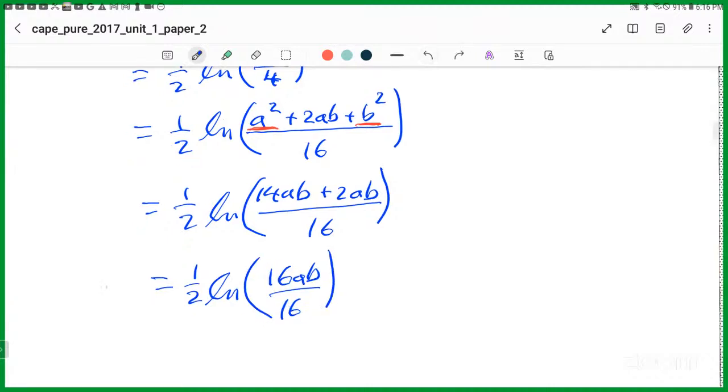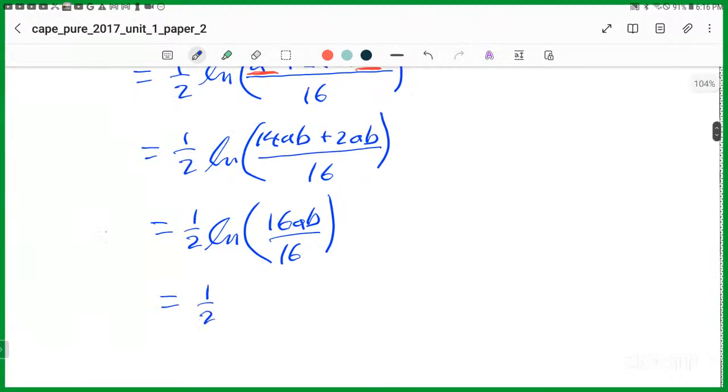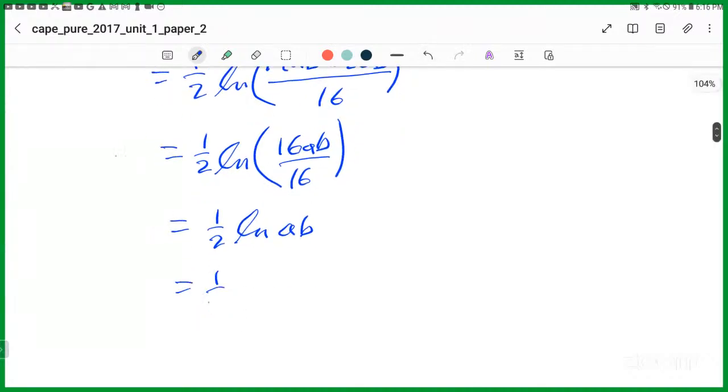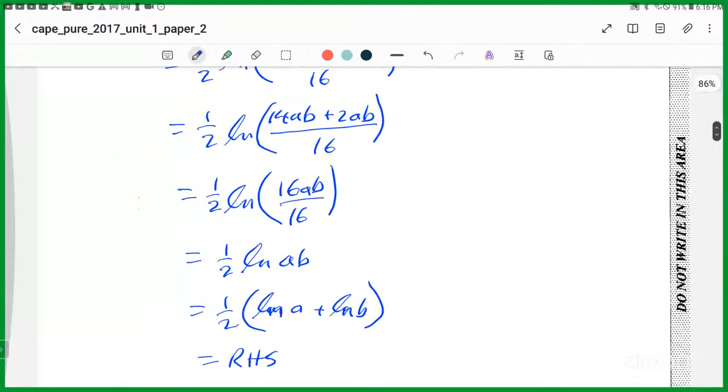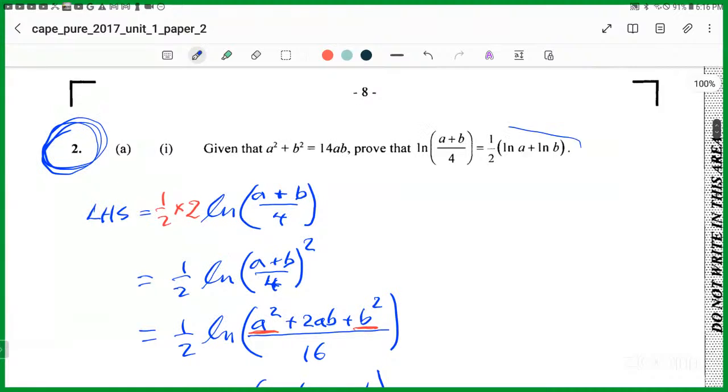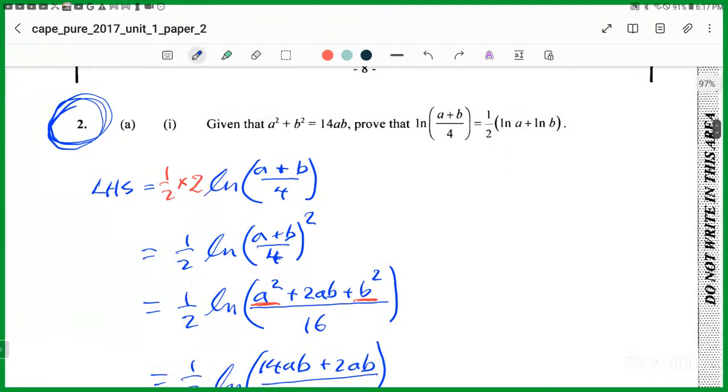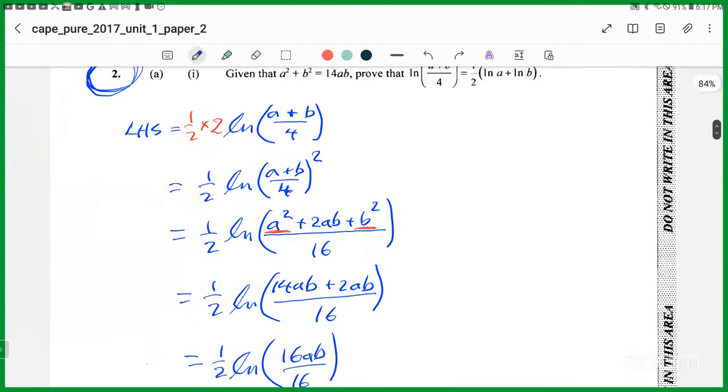And so I'm left with half ln ab. And ln ab can be split out, keeping the half outside. Splitting this now, it becomes ln a plus ln b, which is the right side. That is it. Half of ln a plus ln b. What about that? Are you okay? Yes, sir.